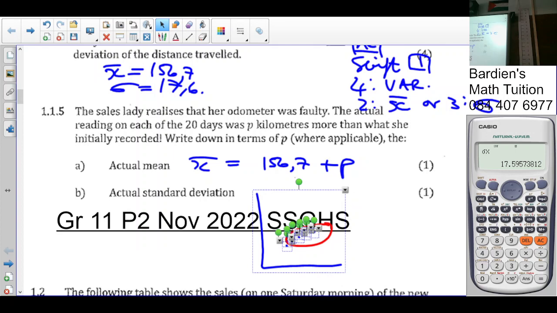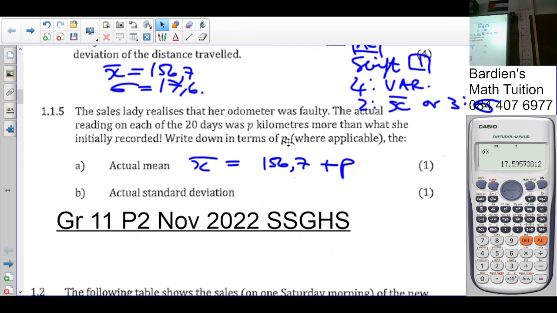Can you see that? The data will just move P units on. So it will not affect your standard deviation. You understand? So your standard deviation remains 17.6. That won't be affected.